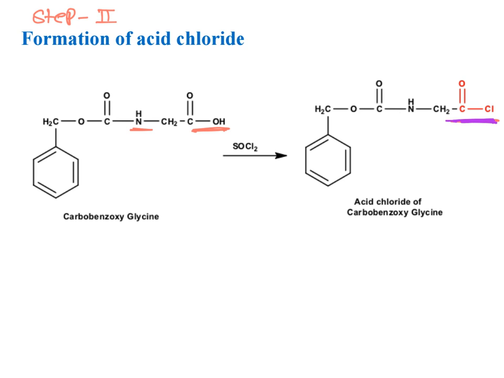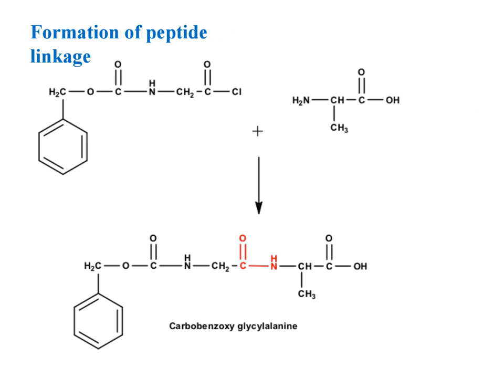I am activating the carboxylic acid by reacting with thionyl chloride, SOCl2, which converts the acid into acid chloride. Acid chlorides are much more reactive than acids. This is the acid chloride of carbobenzoxy glycine: this is the glycine part, we have converted the acid into acid chloride, and this is CBZ.